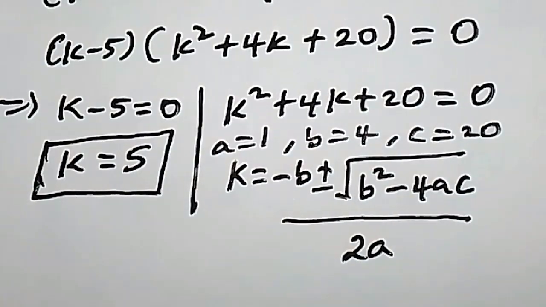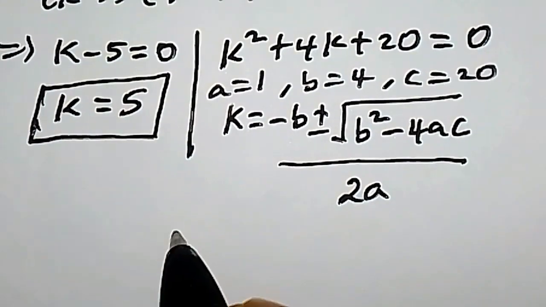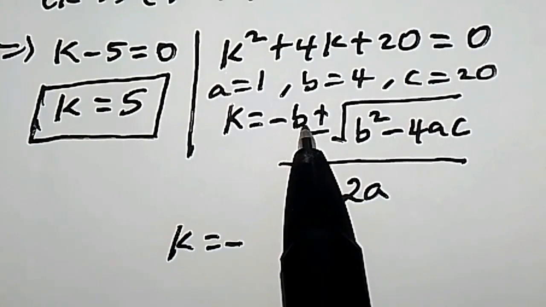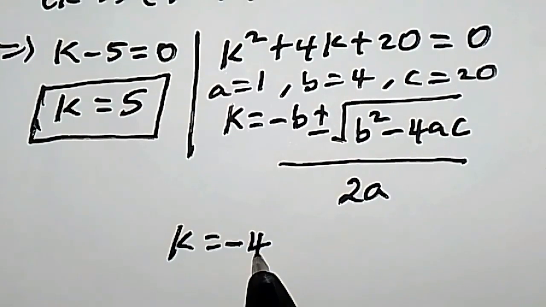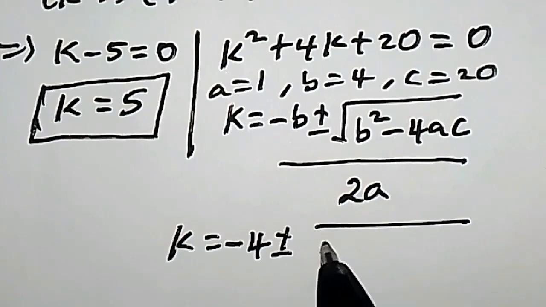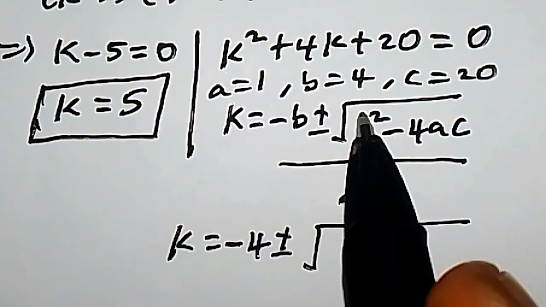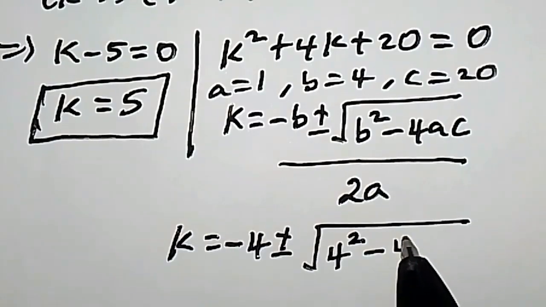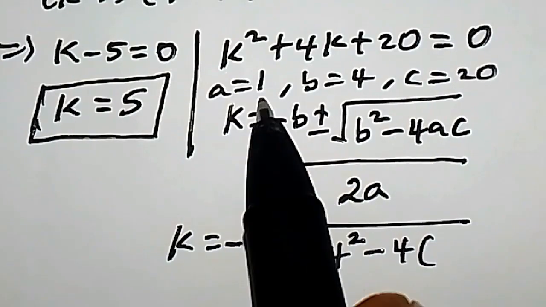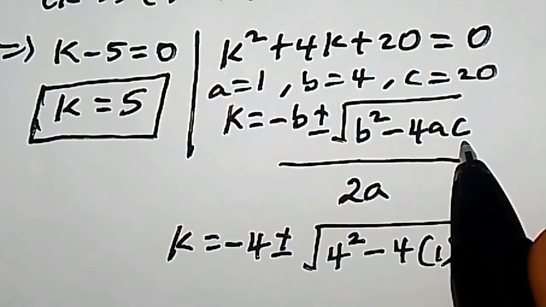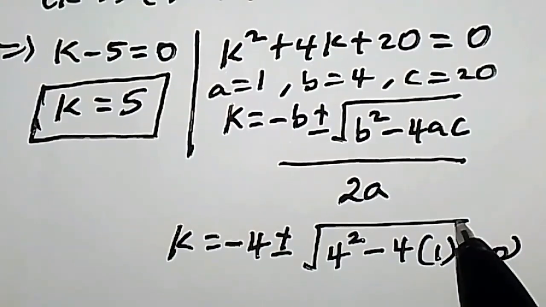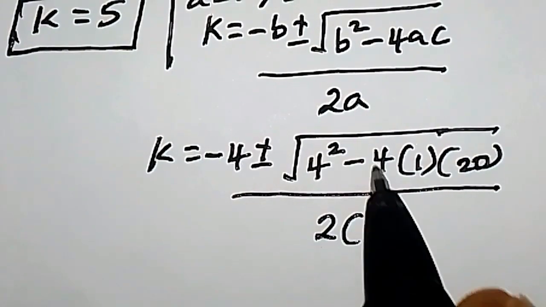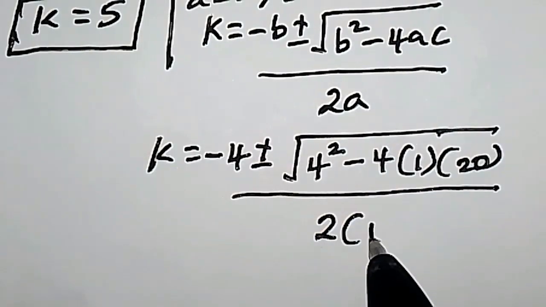Plugging these values here, we have k equal to minus, what is b? The value of b is 4. Minus 4 plus or minus the square root of b square. If you plug 4 here, we have 4 square minus 4 into a is 1 and c is 20, everything divided by 2 into a is 1.